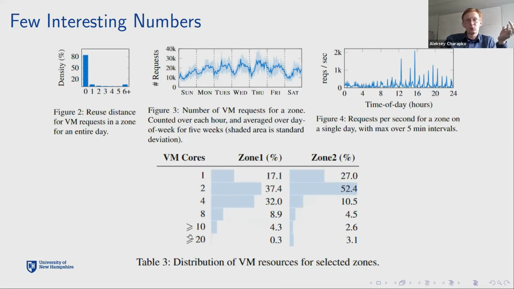But there are quite a few of them, I guess it also depends on the data center, that have 20 and more cores. So there are some very highly popular types and sizes of virtual machines, but quite a lot of difference as well.